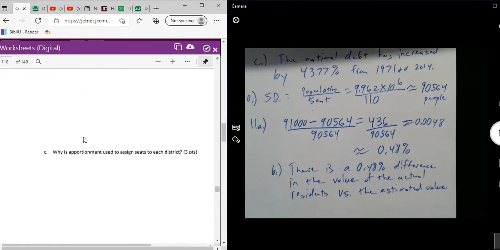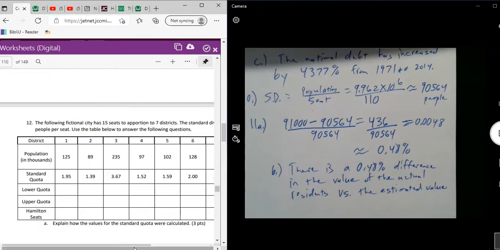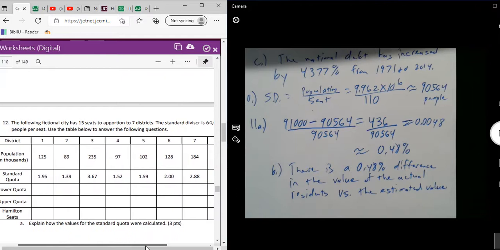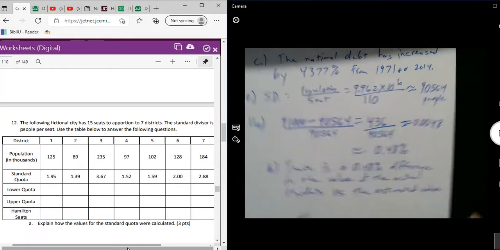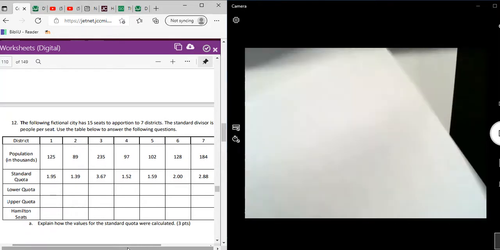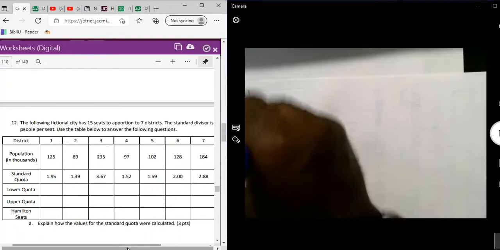All right. Now we come here to the last problem, which is number 12, and it's an apportionment problem. So I'm going to need to draw a table here.